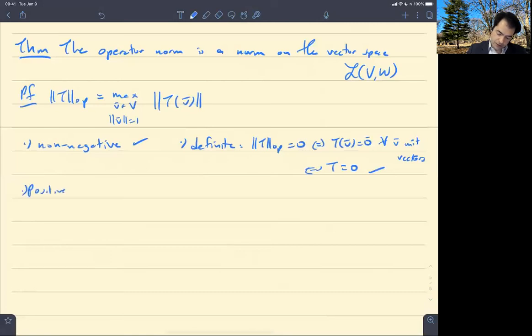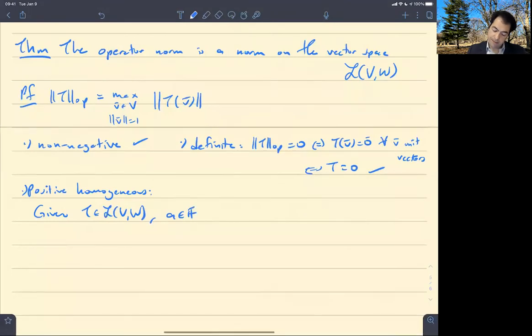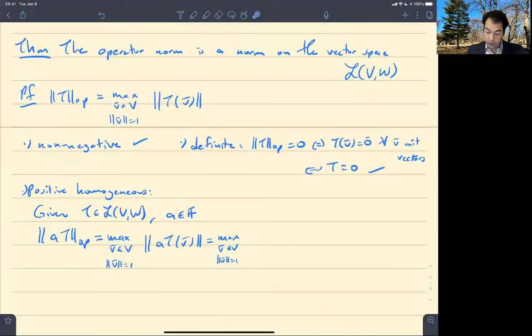Next, let's check positive homogeneous. Okay, so given a linear map T and a scalar a, the norm of a times T is equal to the maximum among the unit vectors of the size of a times T applied to the vector V. But the norm here, this is the norm in W that we're using, and it is positive homogeneous.